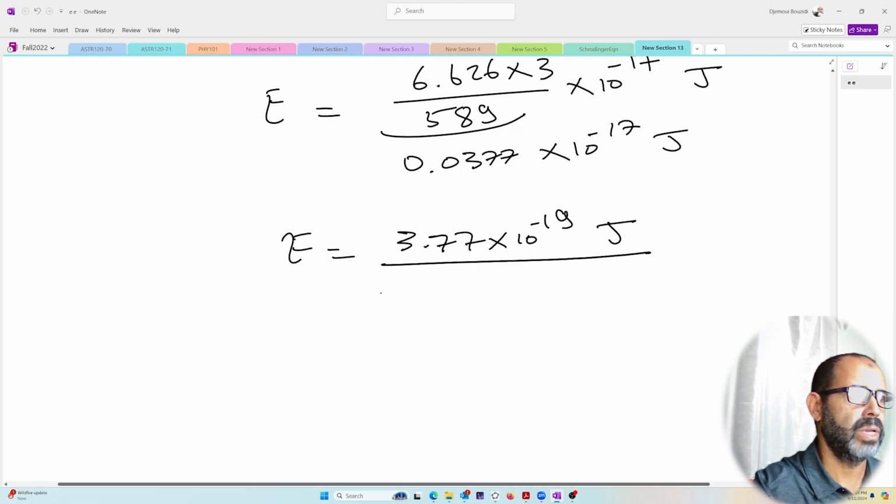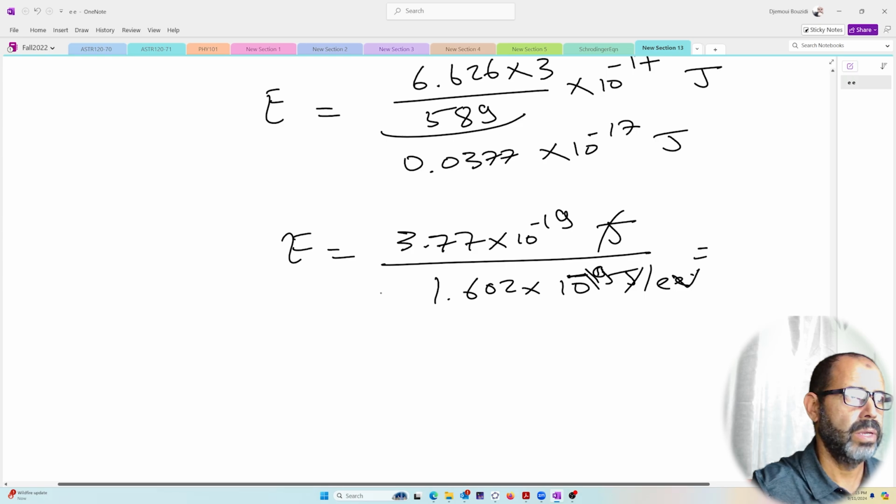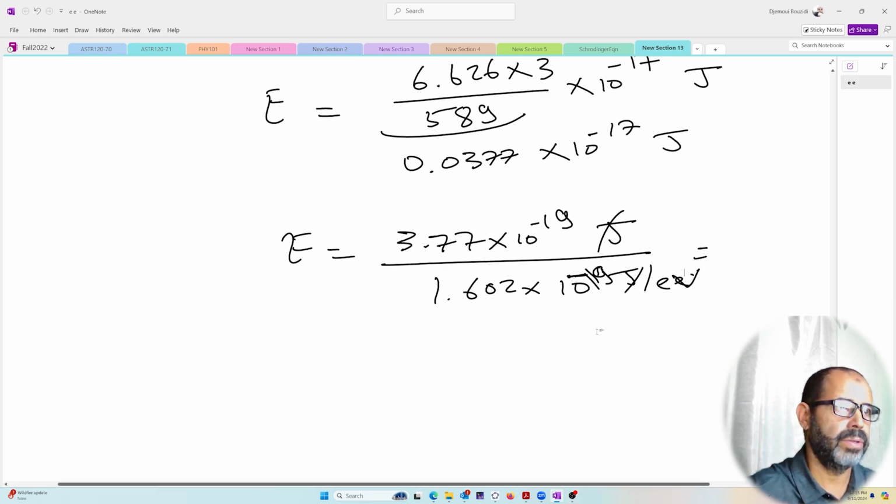It's worth noting that if I convert it to electron volts, so this is how many joules in an electron volt. So the joule and the joule cancel. So the 10 to the -19 and 10 to the -19 cancel.